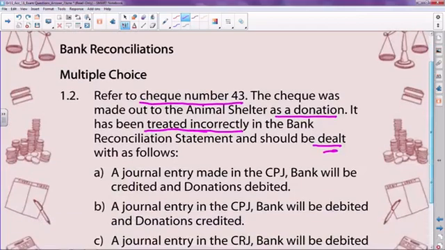So how should this now be dealt with? A, a journal entry made in the CPJ, so immediately we know that is incorrect because we're now cancelling a check, and if you're cancelling a check, you cannot cancel it in the CPJ. So alternative A, definitely incorrect. B, a journal entry in the CPJ, again CPJ, so that clearly has to be incorrect.